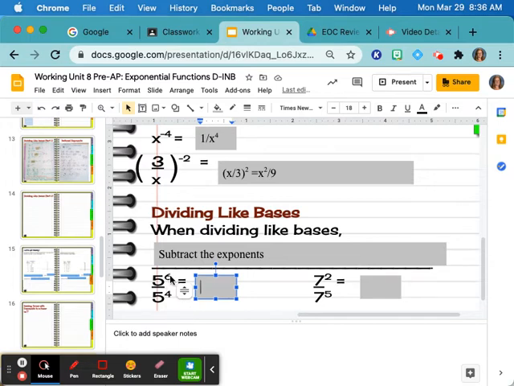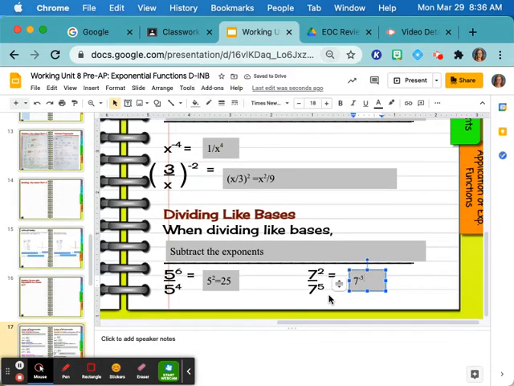So we would have 6 minus 4, 5 squared, which ends up equaling 25. The next one, 7 squared over 7 to the 5th, I need to subtract these exponents. 2 minus 5, what would that be? Yeah, 7 to the negative 3. Right, 1 over 7 to the 3rd power. There we go.